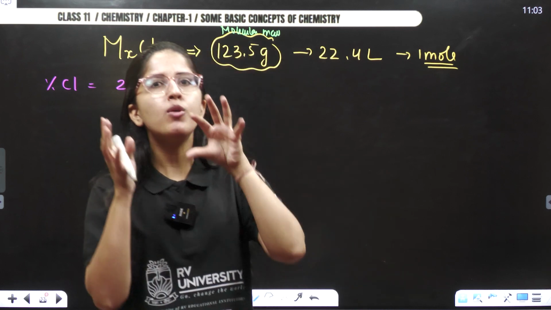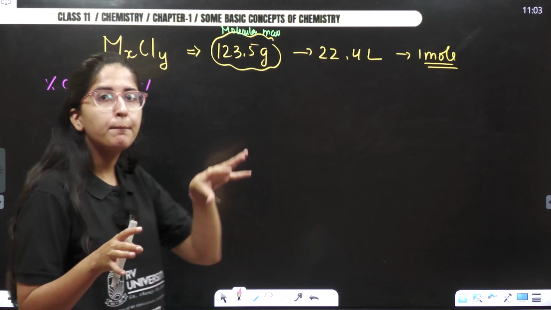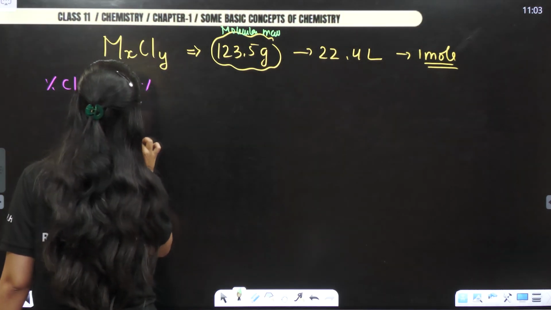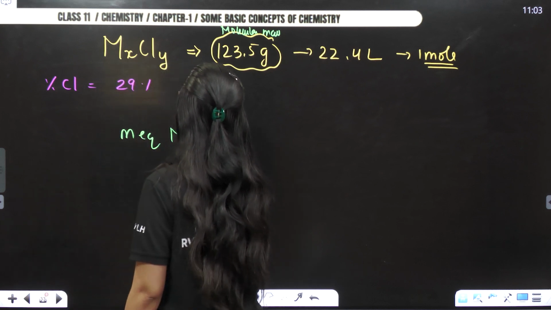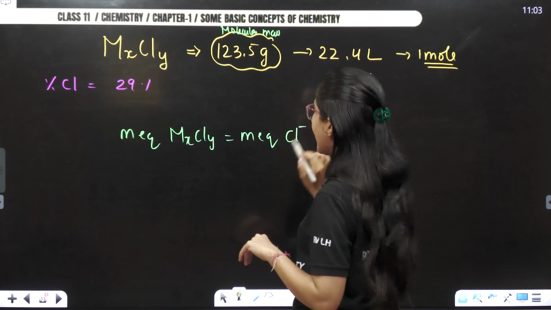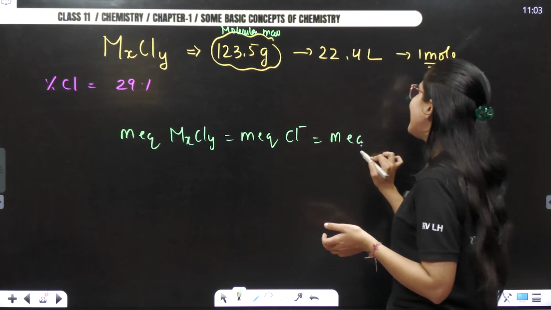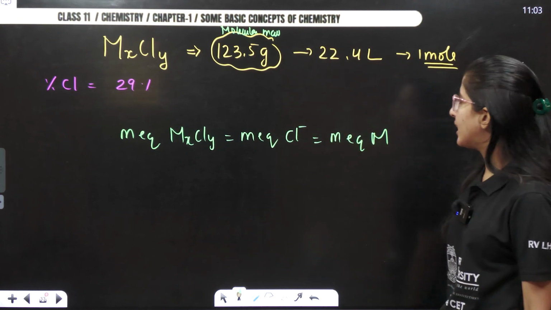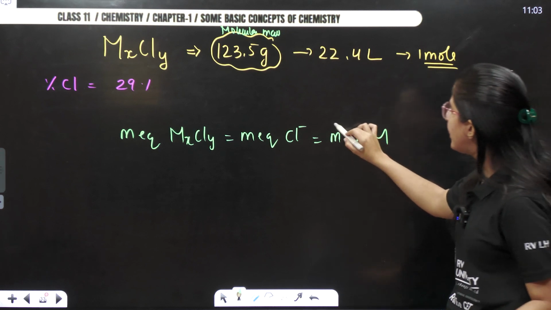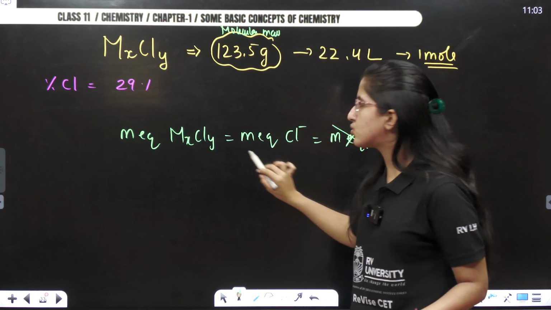So if you take any molecule, carefully listen, the milliequivalents of MxCly will be equal to the milliequivalents of chloride ion, which also equal the milliequivalents of the metal present. We can take these two equations.